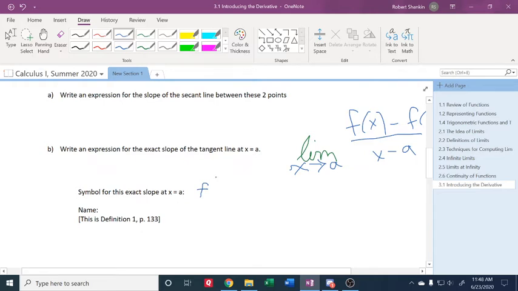Instead of f at a, we're going to call it f prime at a. It looks like an apostrophe right after the f. And the name for this, the exact slope at a point, the slope of a tangent line, is called the derivative.